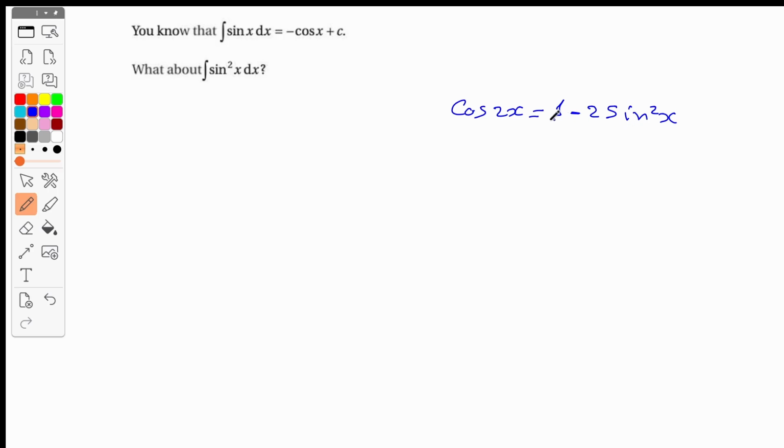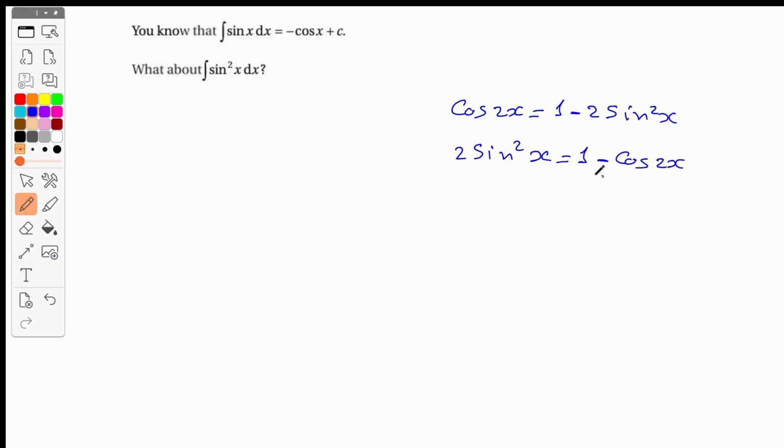This identity is very useful here because we need sine squared. So we need to make sine squared the subject. Just shift the minus 2 sine squared x to the left hand side, so it will be 2 sine squared x equals 1 minus cosine 2x.